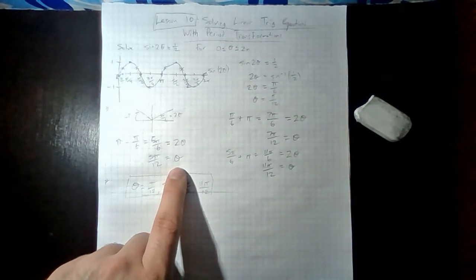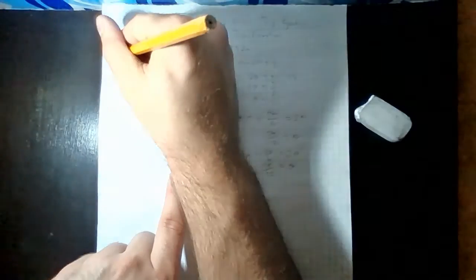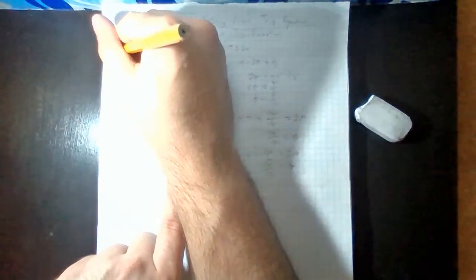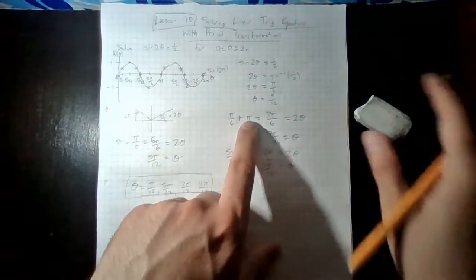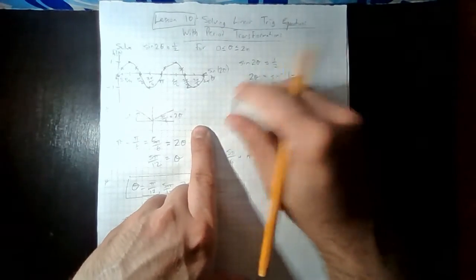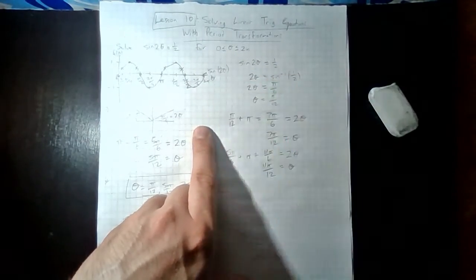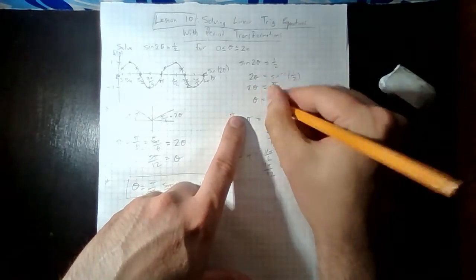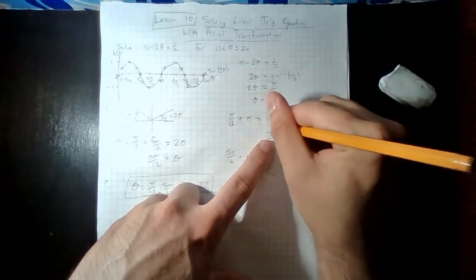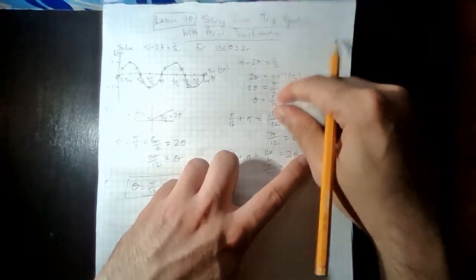Sorry, I realize we should be adding to theta. This is a graph of theta, so we should be adding to our thetas instead. So it should be pi over 12 plus pi, which would give us 13 pi over 12 is theta.